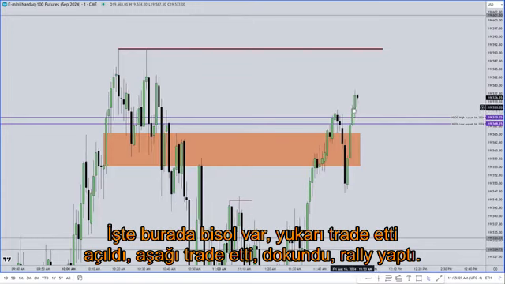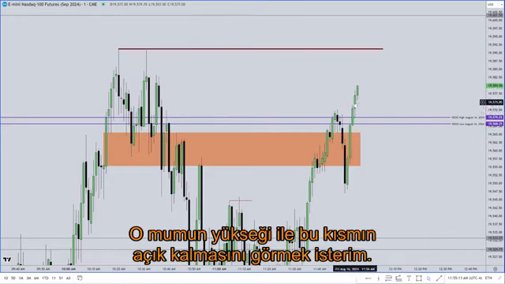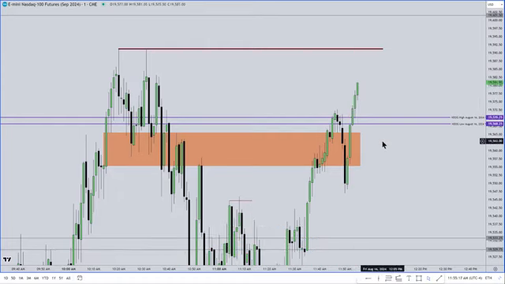It traded up, open, traded down, touched it, rallied. This is balanced. I'd like to see this portion stay open between that candle's high and that candle's low.